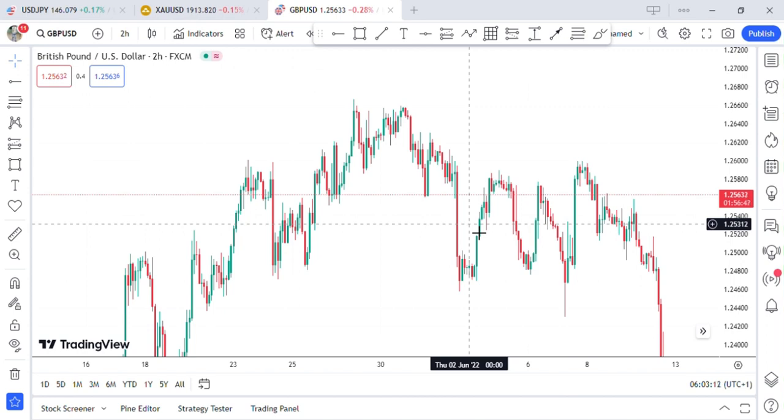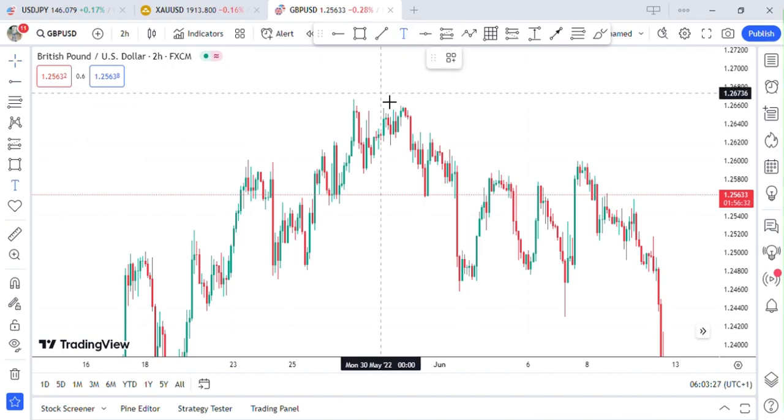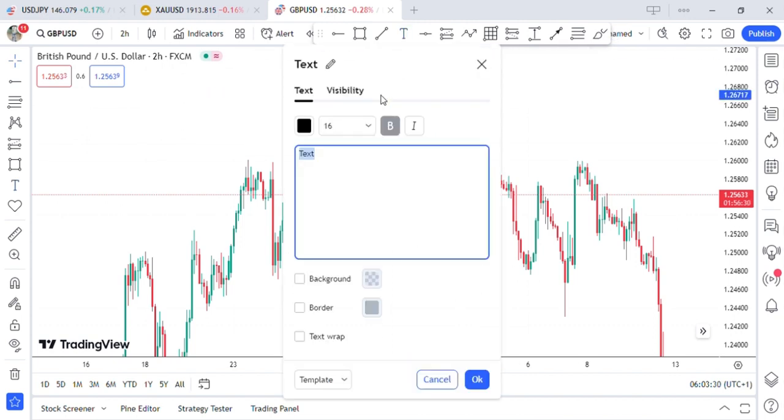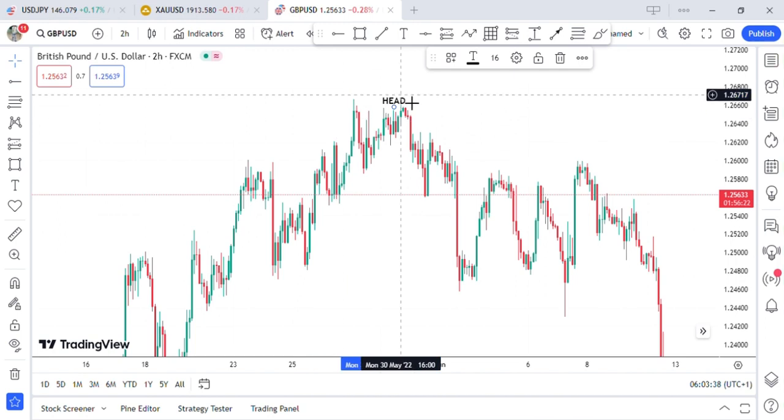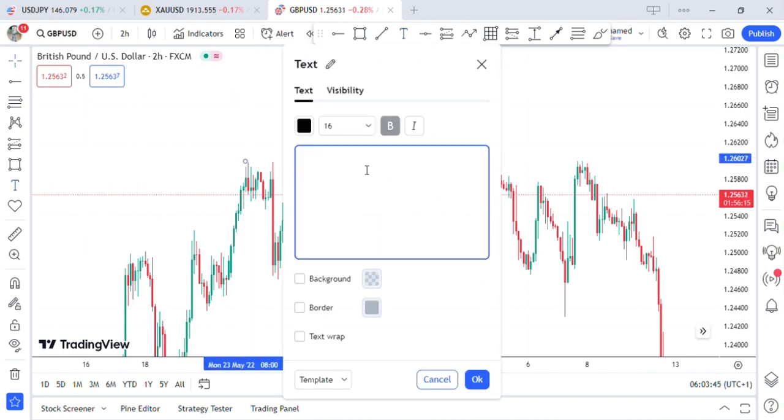Before starting how to trade it as an institutional trader, I should first show you how retail traders trade it, and what most YouTube traders are teaching on their channels. So this is what they teach. They call this place the head, and this place the left shoulder.